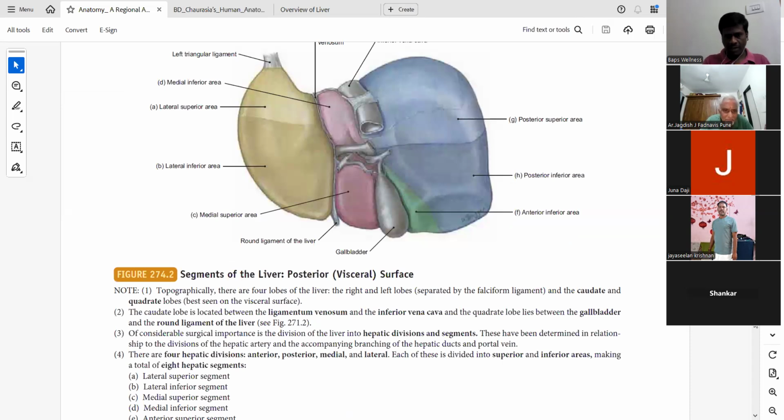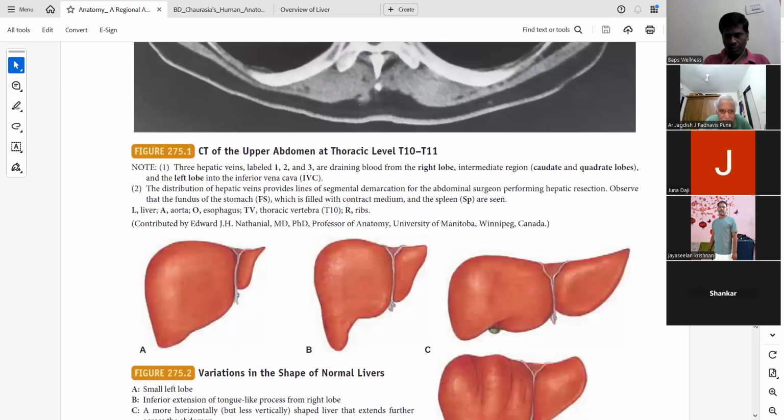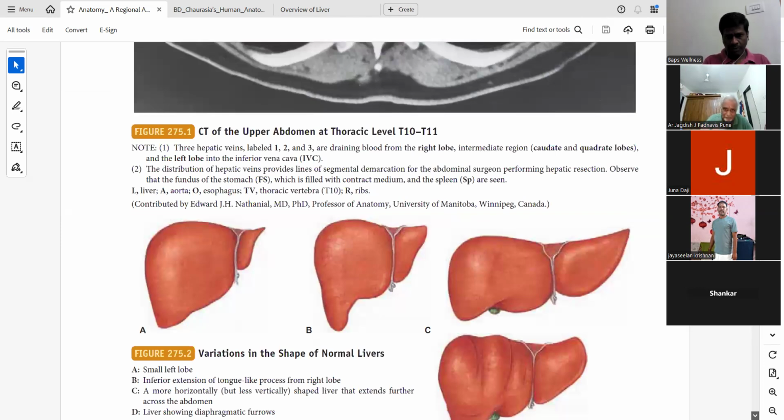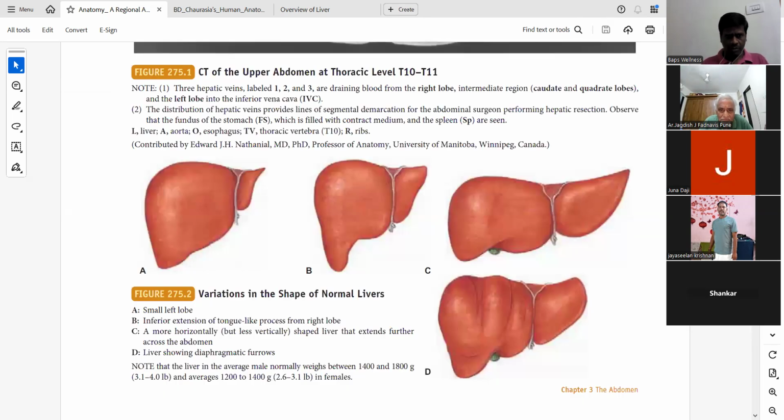This is the anterior and posterior view. The shape may be any of these.